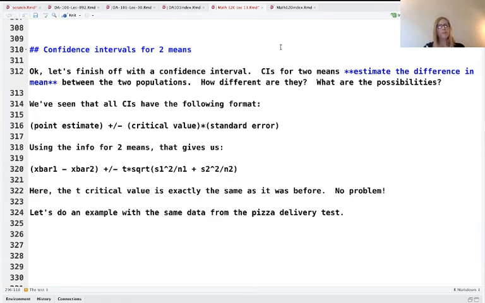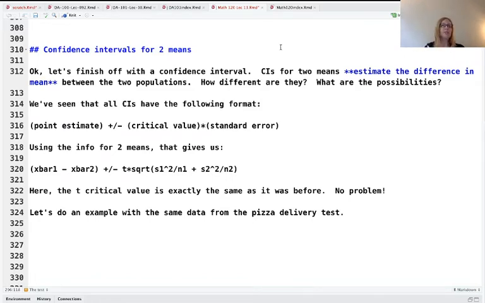So here, specifically, when we make a confidence interval for two means, we're estimating the difference in the means. That's what this estimate is all about. How different are they? What range of values could that difference occupy? That's what the confidence interval estimates. Not yes or no, is there a difference, but maybe even better, how different are they?